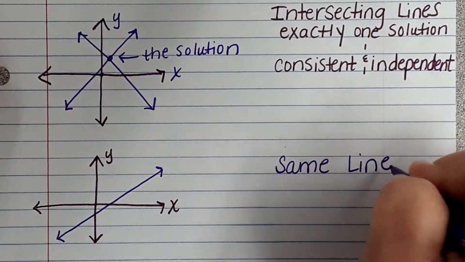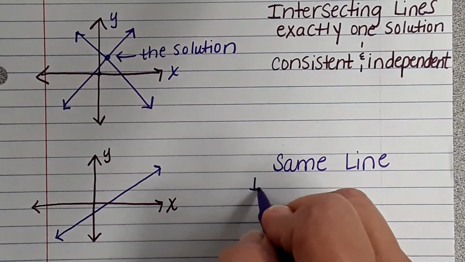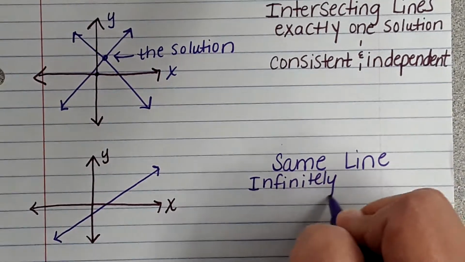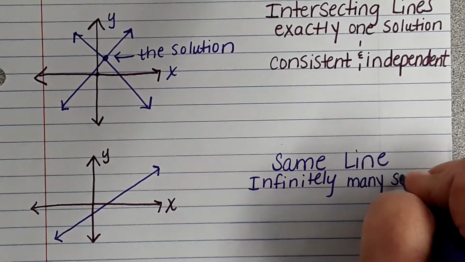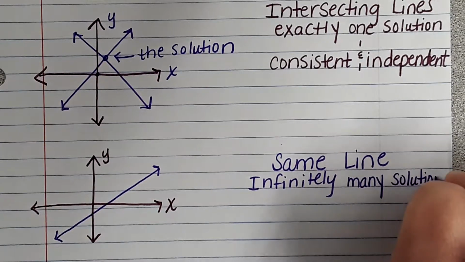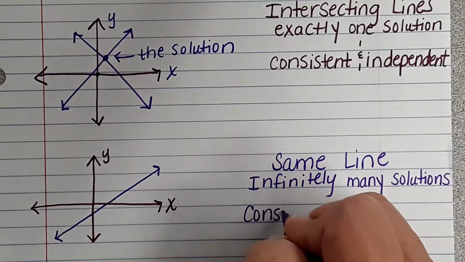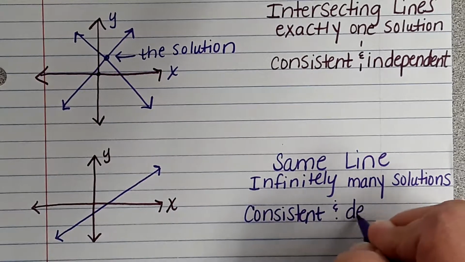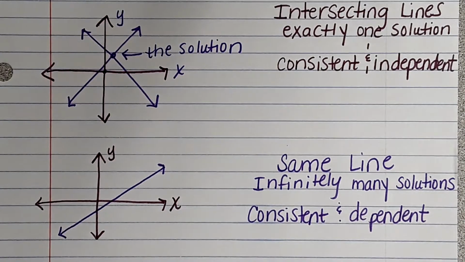Remember the other day we graphed 1 line and then we went over it and we said, hey, this is the same line. So the same line has infinitely many solutions. We call this consistent but dependent, because they're the same line.